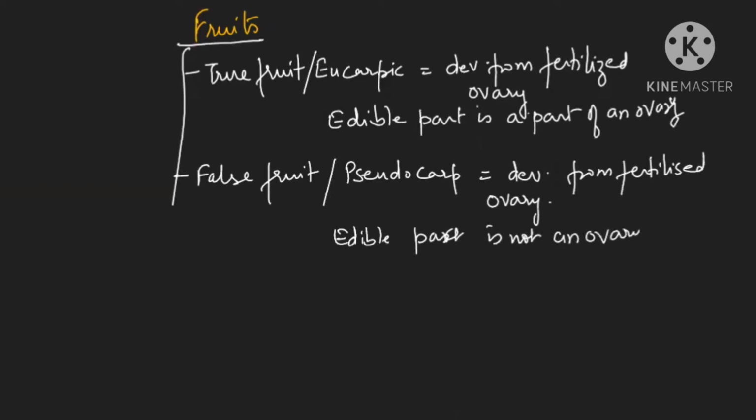For example, in apple, the thalamus is consumed, and the thalamus is not a part of the ovary.